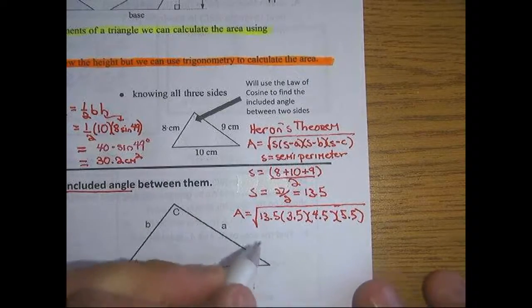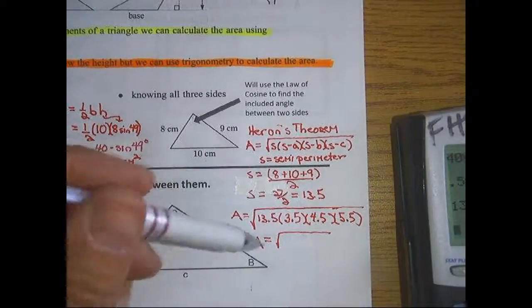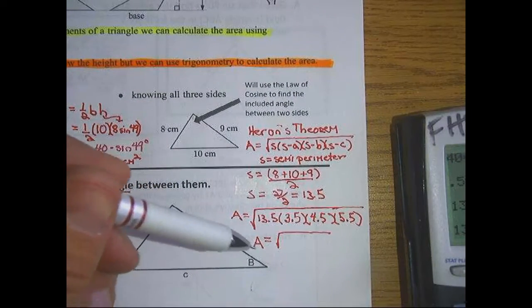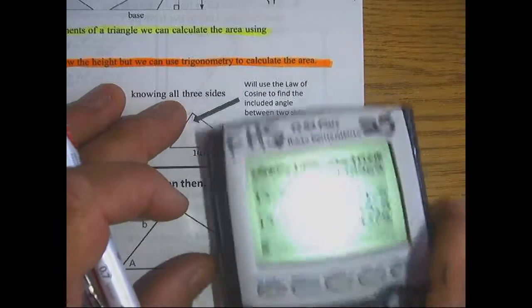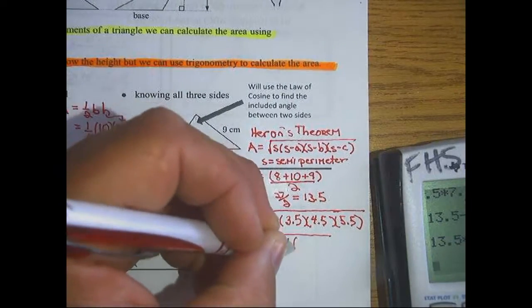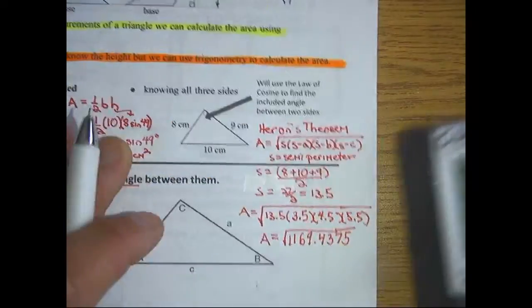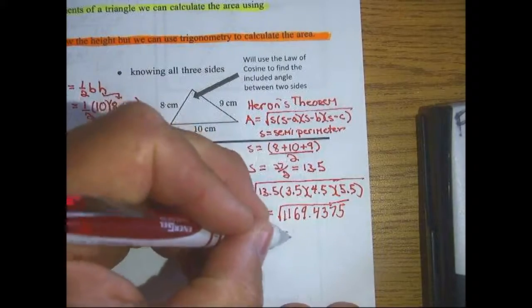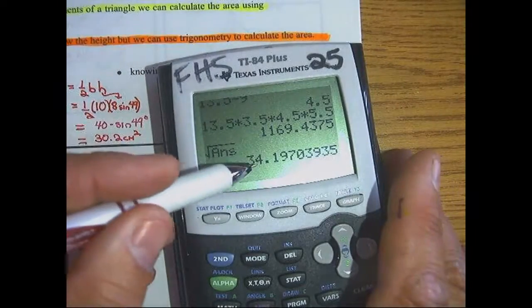Multiply that out, take the square root, and that's your area. And now I'm going to take the square root of that. And to 3 places, 34.2.